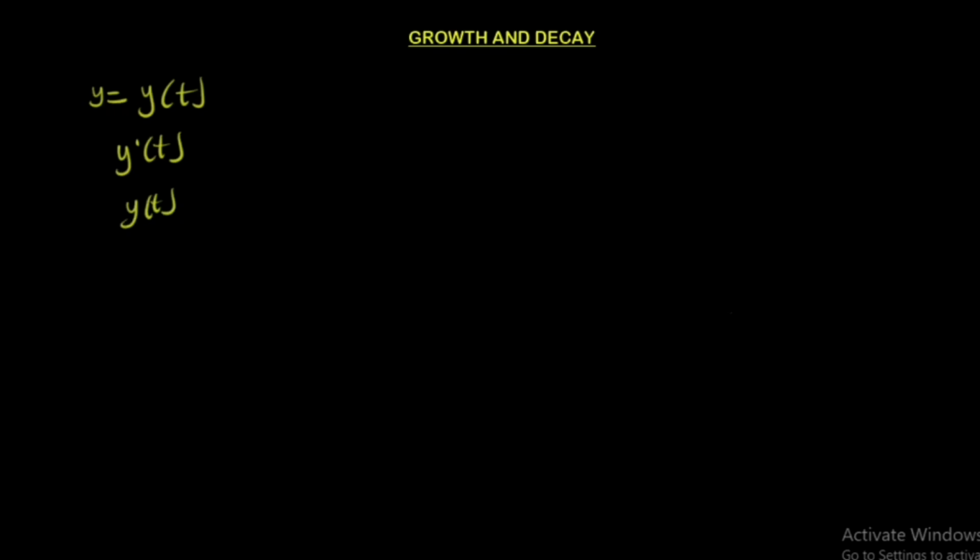That is, y prime t is equal to k y(t), and the k here is some constant.